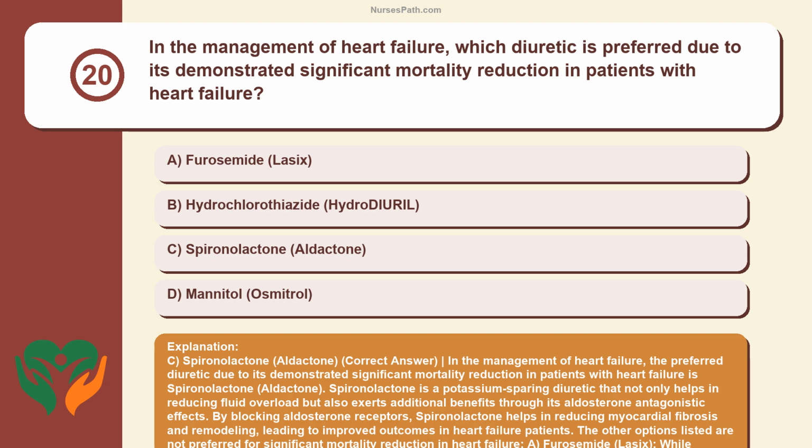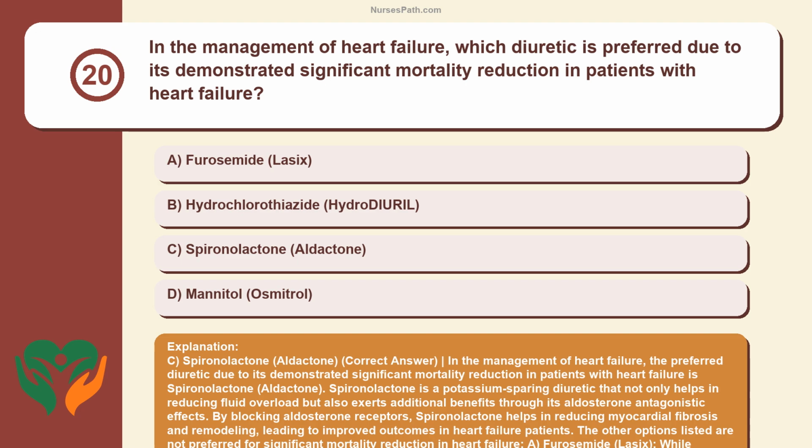Spironolactone is a potassium-sparing diuretic that not only helps in reducing fluid overload, but also exerts additional benefits through its aldosterone antagonistic effects. By blocking aldosterone receptors, spironolactone helps in reducing myocardial fibrosis and remodeling, leading to improved outcomes in heart failure patients.